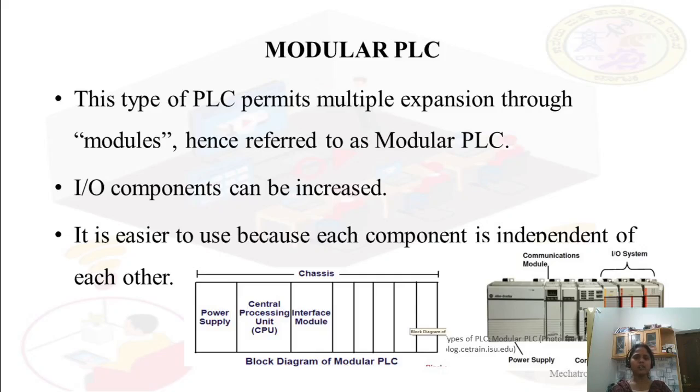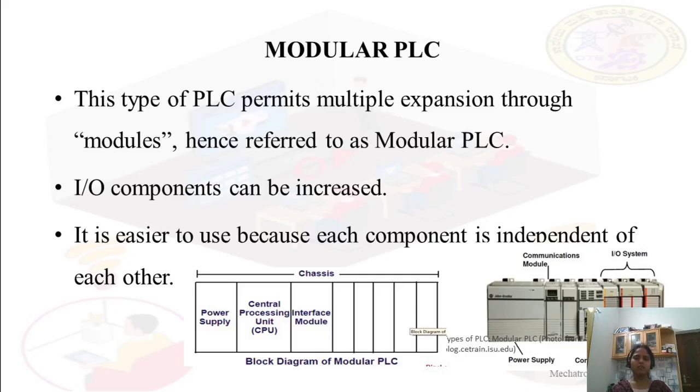What are the advantages of using these type of PLC? First one, scalability. Why scalability? We'll be having the greater scalability. That means because we can add the components, whether it will be IO modules or memory, etc. That is why it will provide the greater scalability.